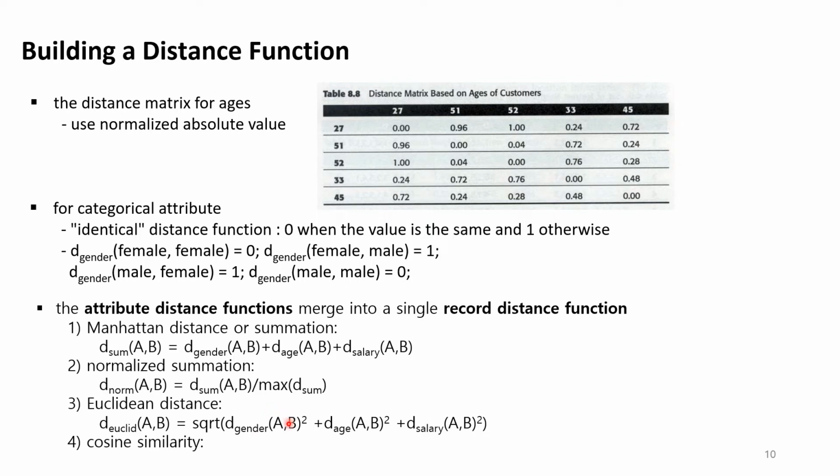And Euclidean distance is this: the gender attribute distance is squared, and the age distance is squared, and the salary distance is squared, and altogether you put a square root over them, and this is the Euclidean distance between data A and B. This is the formula, the very familiar Euclidean distance formula. If you plot 2 data points in a coordinate space, you can easily compute the Euclidean distance between them.